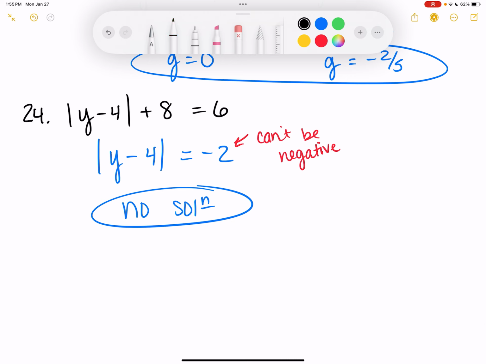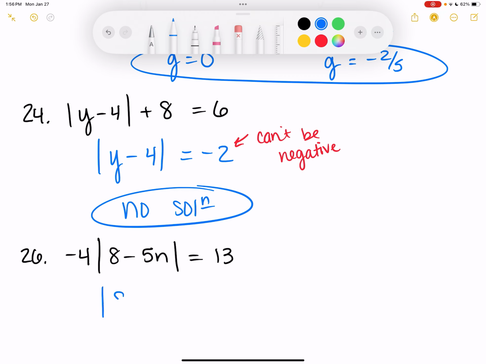All right, let's see, 26. Negative 4 times the absolute value of 8 minus 5n equals 13. What do I do here? Divide by negative 4.